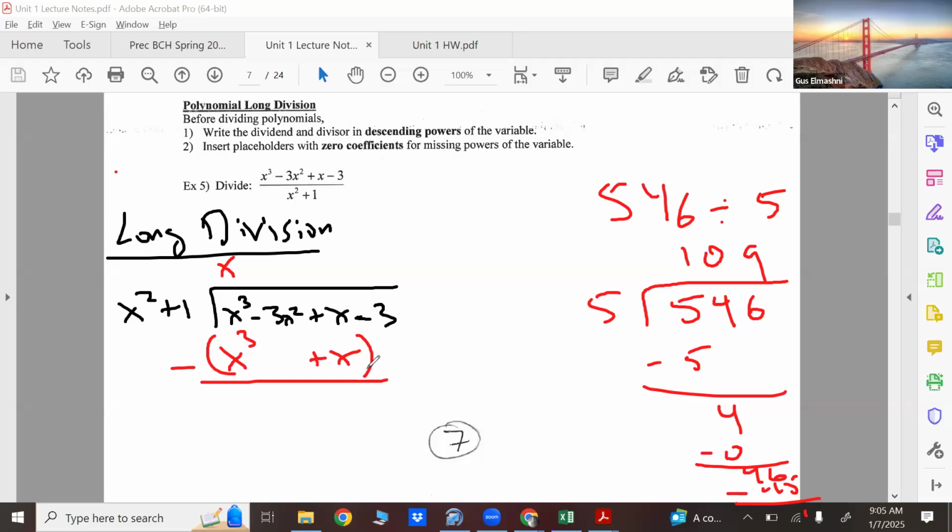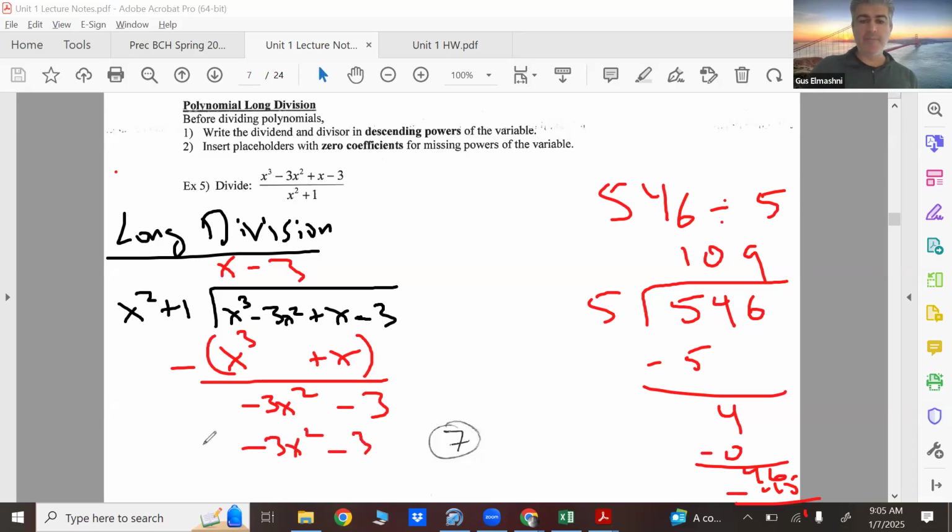And 5 times 1 is 5. Oh, but there's no x squared for you. Exactly, so when you subtract, you get this. Okay, what do you multiply x squared by to get to negative 3? And it actually comes out nice and clean.